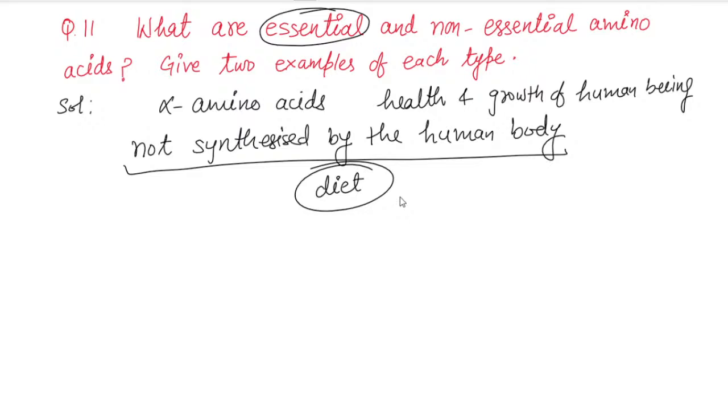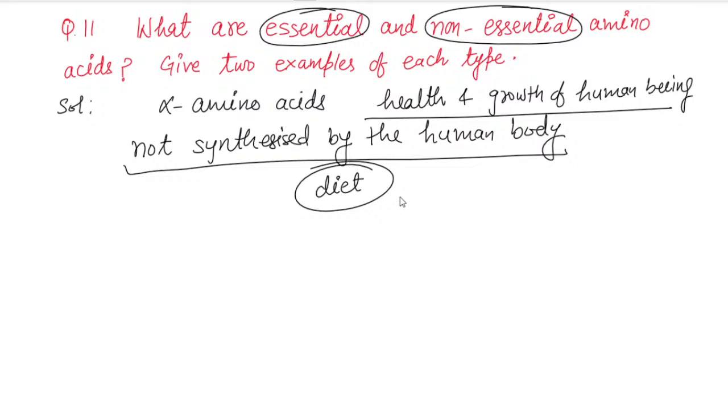We have to give examples. Can you give some examples of essential amino acids? First two, glycine and alanine, are non-essential alpha amino acids; they are synthesized by our body. Those alpha amino acids which are needed for health and growth of human beings but are synthesized by the human body are called non-essential alpha amino acids.